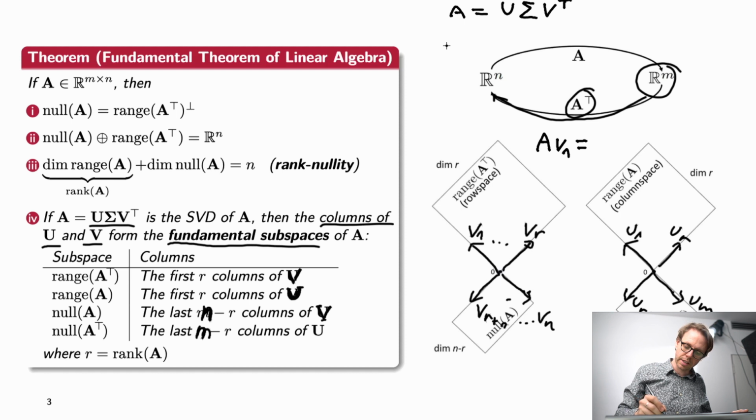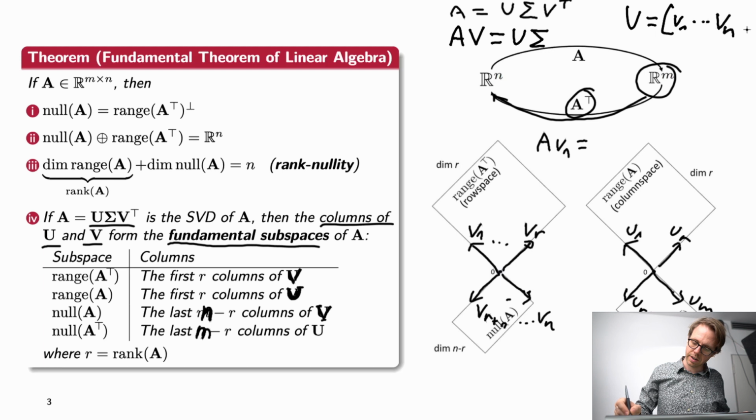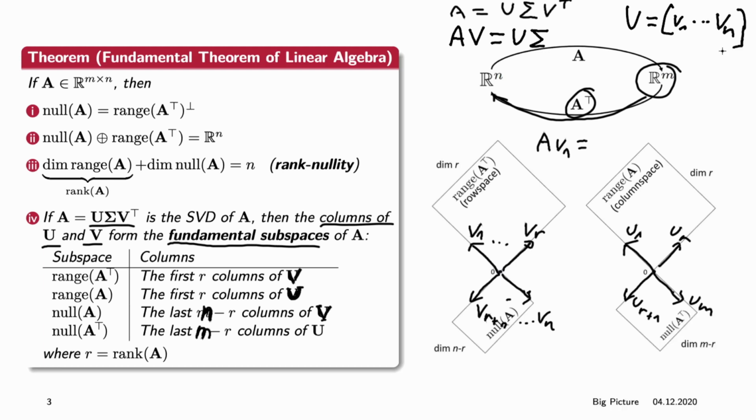It follows that if we take the whole thing and right multiply it by V, then this V transpose V cancels and we are left with U sigma. So if we're only looking at V1, the first column of V, where V equals V1 through Vn, then we see that V1, if we multiply it by A, becomes sigma 1 times U1.